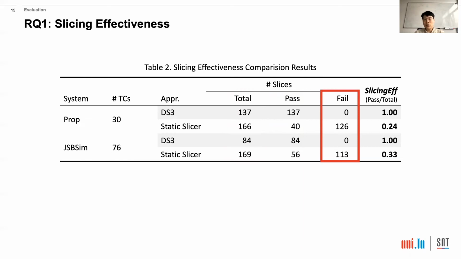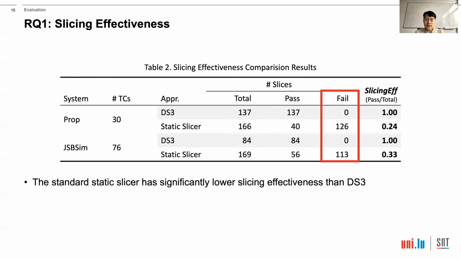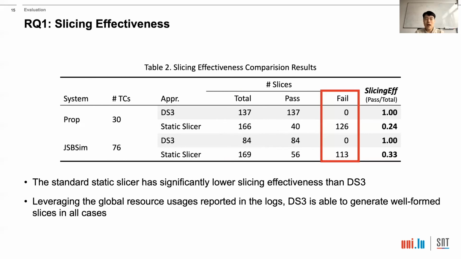However, if we use only the static slicing, in most cases, the decomposed test cases do not work well. So we can see that the static slicer has significantly lower slicing effectiveness than DS3, and by leveraging the global resource uses and deps reported in the logs, DS3 is able to generate well-formed slices in all cases.